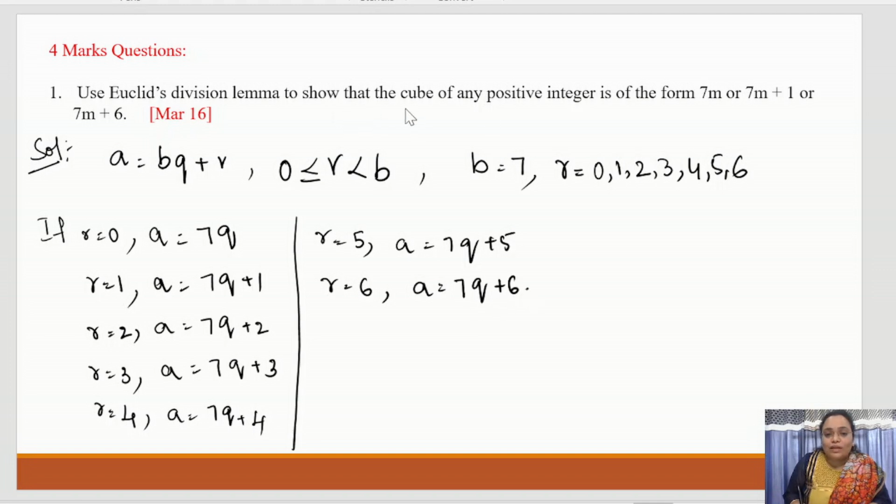We need to show that the cube of any positive integer is of the form 7m, 7m plus 1, 7m plus 6. So we need to find the cube of these. In all the above cases, a is in the form of 7q plus r.